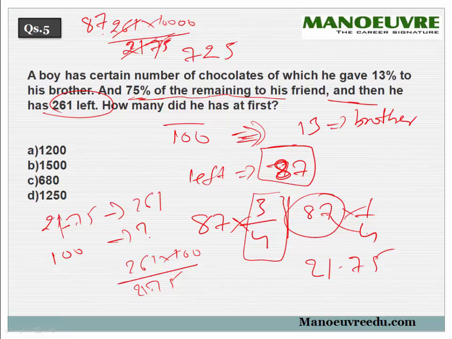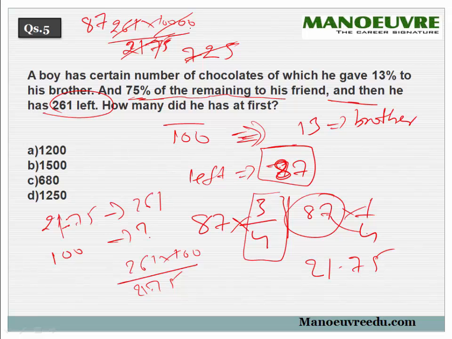Okay, now again 3. Now the problem is 87. 87 goes by 3. This I can cancel, no?